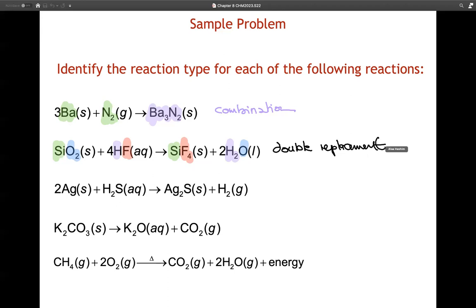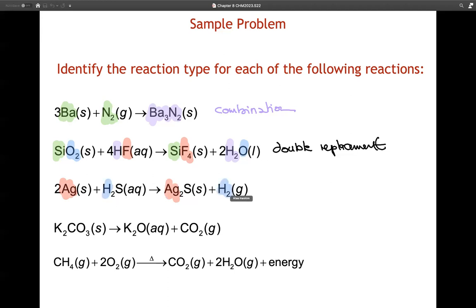Okay, so if we take a look at the next one, we have silver reacting with dihydrogen sulfide to form silver 1 sulfide and hydrogen gas. Notice silver is basically replacing the hydrogen, right?